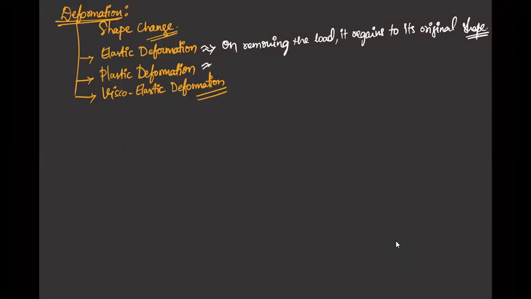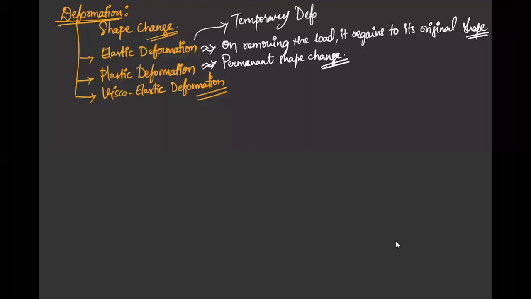Plastic deformation explains that there is a permanent shape change. That means even after you remove the load, the original shape does not come back. So elastic deformation is temporary deformation where the original shape can be regained, whereas plastic deformation is permanent shape change.